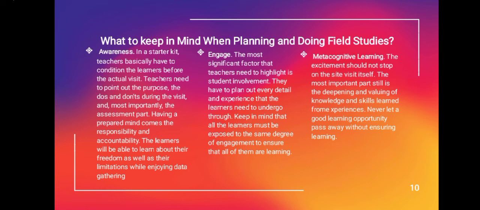Next is metacognitive learning. The excitement should not stop on the site visit itself. The most important part still is the defining and valuing of knowledge and skills learned from experiences. Never let a good learning opportunity pass away without ensuring learning.